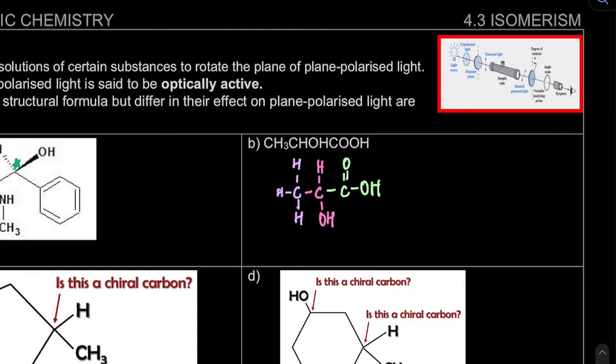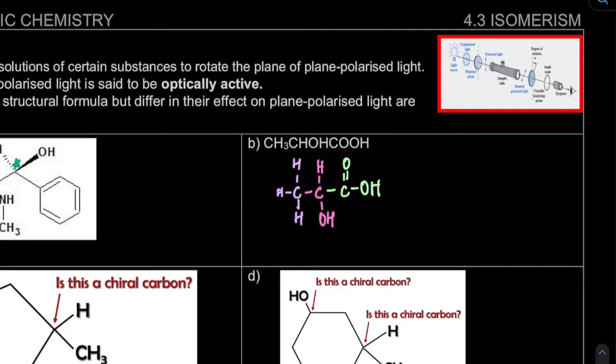Okay, remember that for the chiral carbon or the chirality center, check each of the carbons itself. So this carbon, can it be a chiral carbon? No, because it is attached to the same atom 3 times. So this is not a chiral carbon. Okay, this carbon is attached to one OH, one CH3, one hydrogen, and another one C double bond OH.